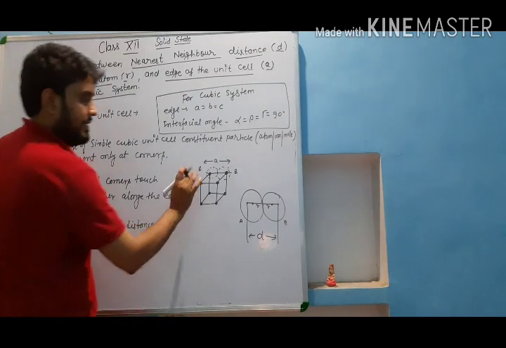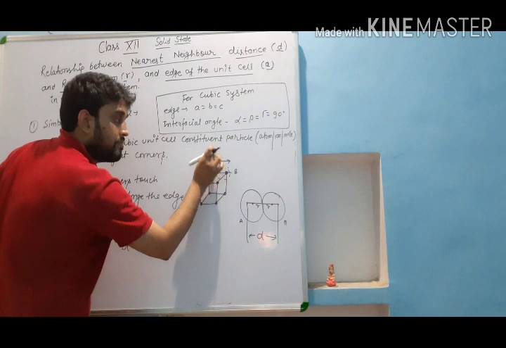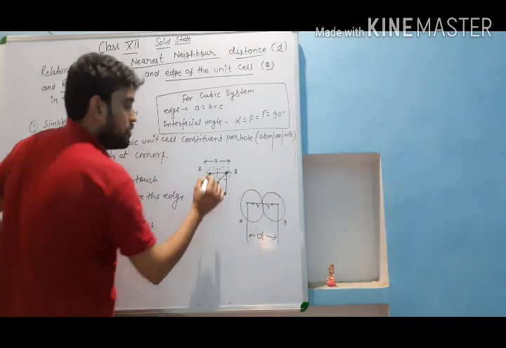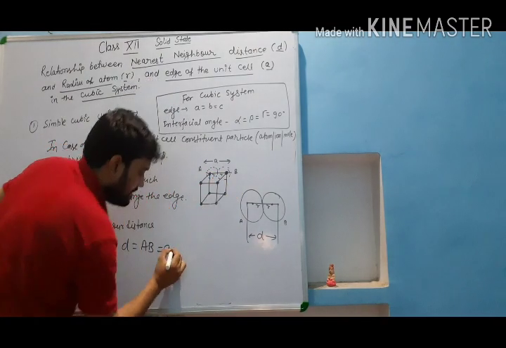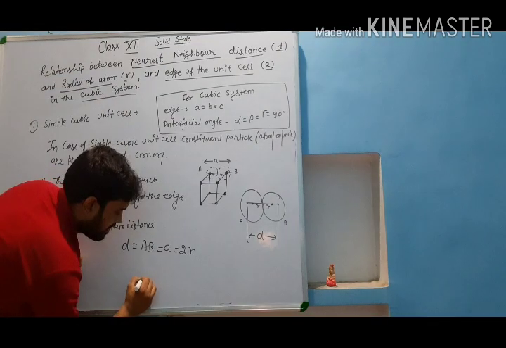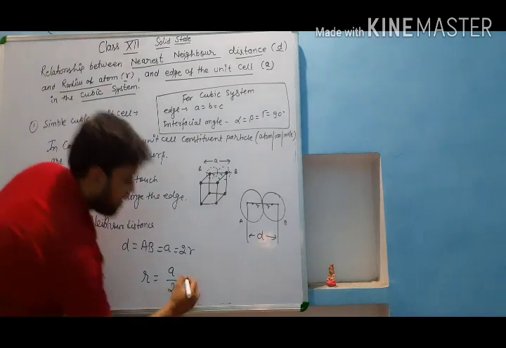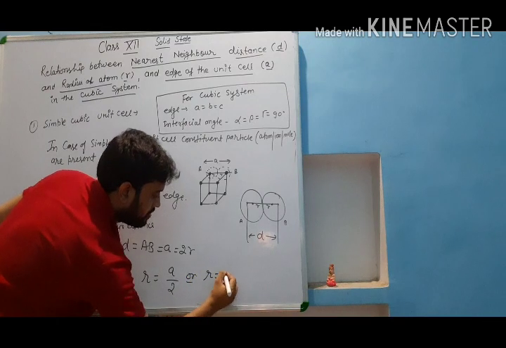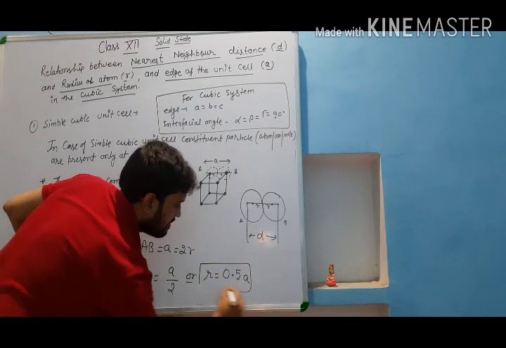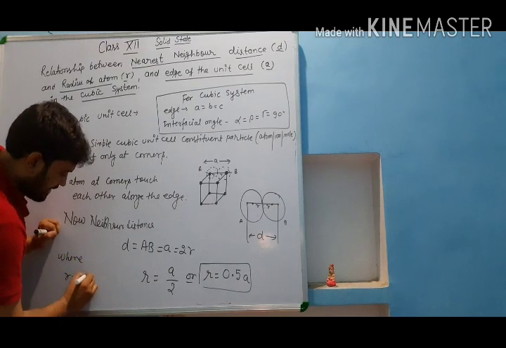Neighbor distance d is equal to the edge length a, which is also equal to 2r. Now we can write r equal to a by 2, or r equals 0.5a, where r is the atomic radius.